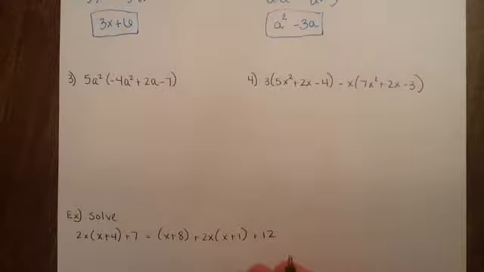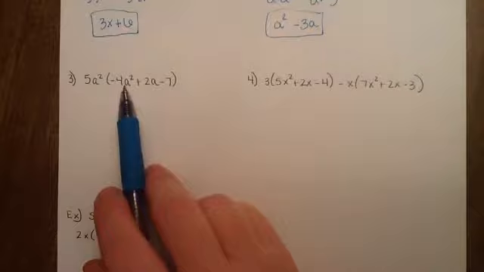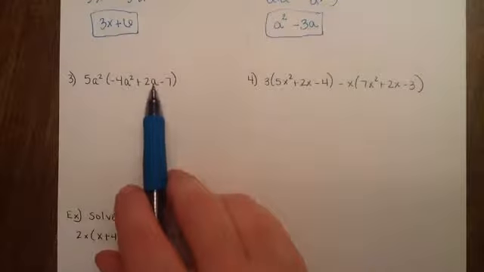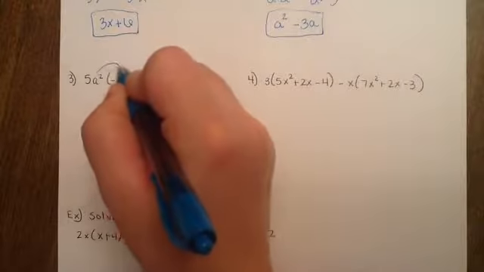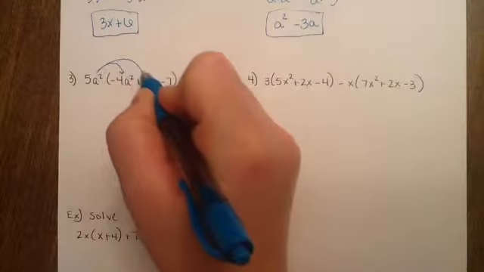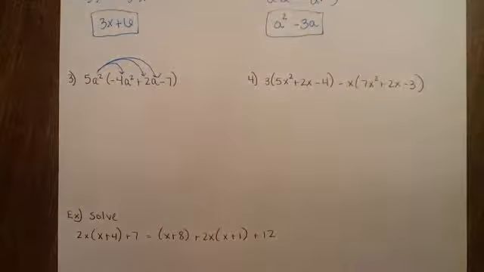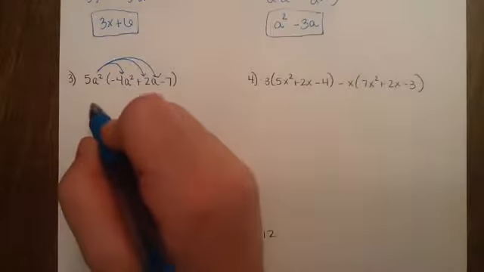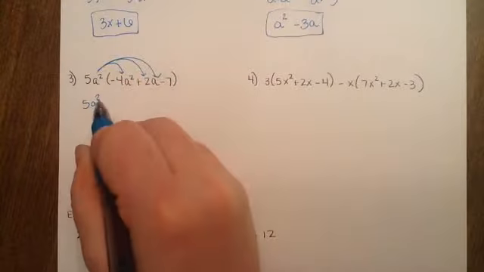This time for number 3, we get a little bit more complicated. Out front is 5a squared. Notice that there are 3 pieces inside to distribute it to. So I need to take this 5a squared to all 3 pieces. So I'm going to have 5a squared times, what's the first piece?